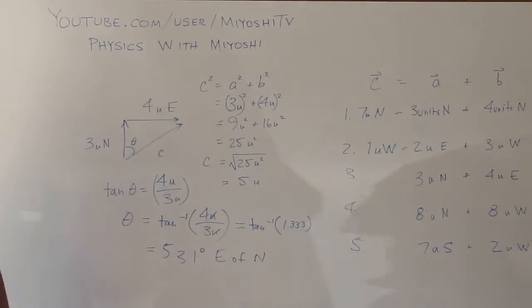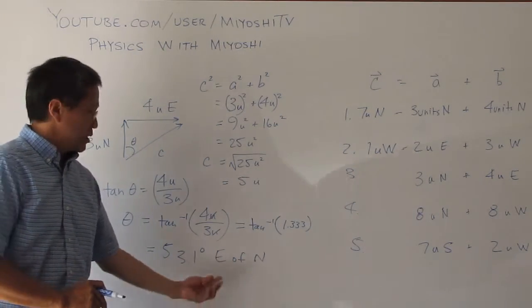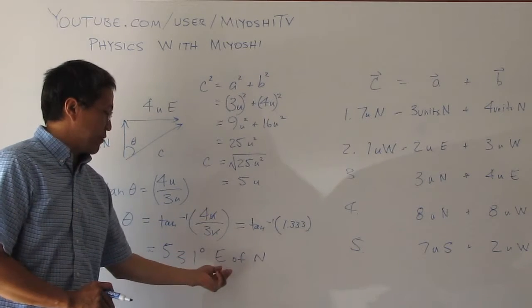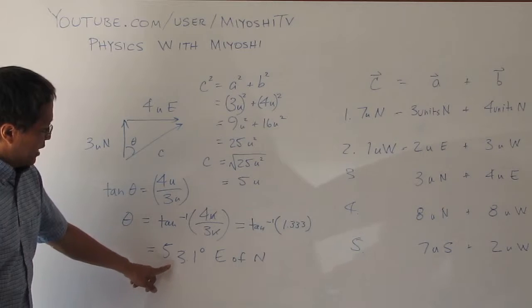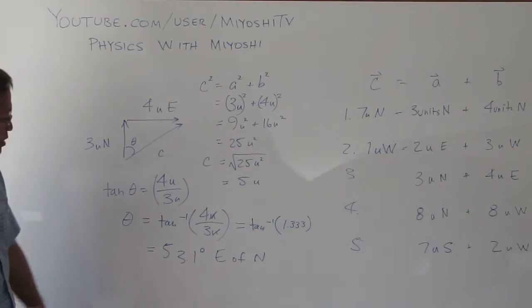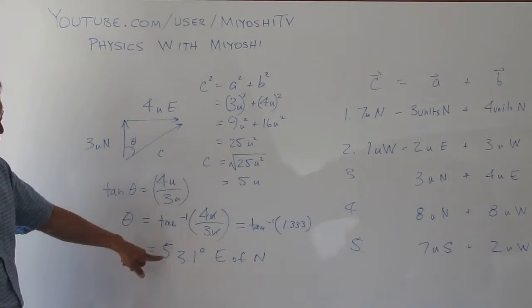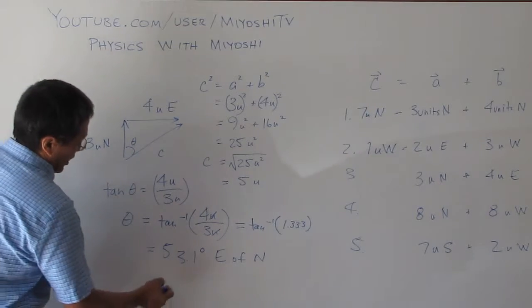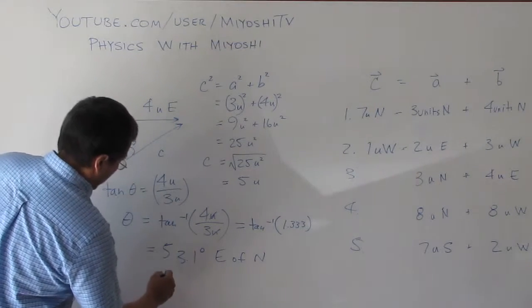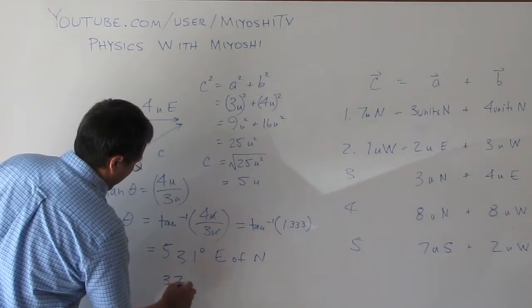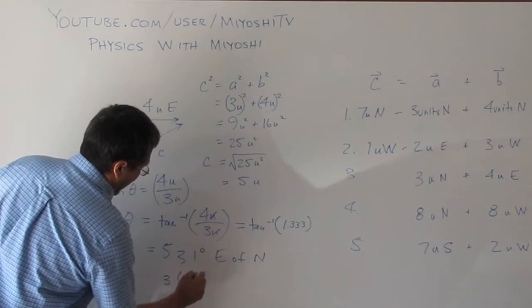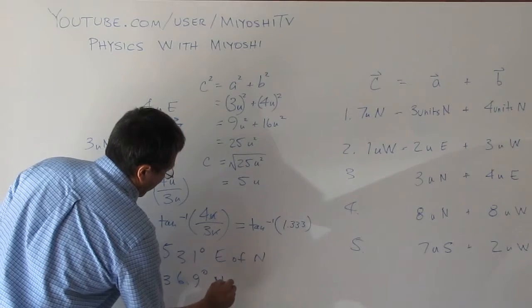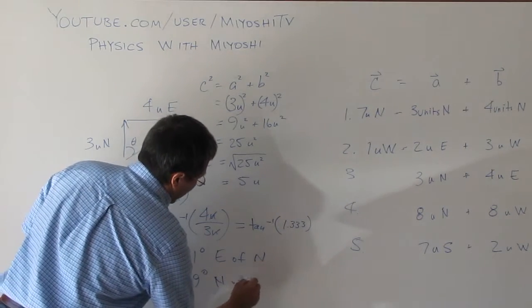And many times people like to do the north and south first instead of the east and west first. So if I take 90 and subtract 53.1, I would get 36.9 degrees north of east.